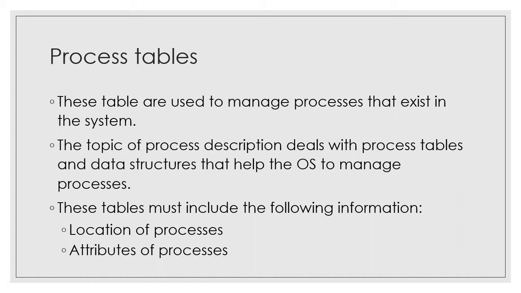These tables must include the following information. Location of processes. The OS needs to know where a process is on secondary storage and in main memory. Attributes of processes. The OS needs to know the parent of the process, the ID of the process, the state of the process, etc.